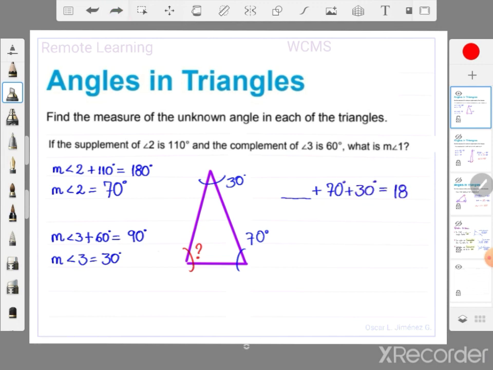So if you add the measure of angle number 1 plus 70 degrees plus 30 degrees, you're going to have 180 degrees. Now, what is 70 plus 30? Very good, 100 degrees. So which number added to 100 degrees equals 180 degrees? Very good, 80 degrees. So the measure of angle number 1 is 80 degrees.